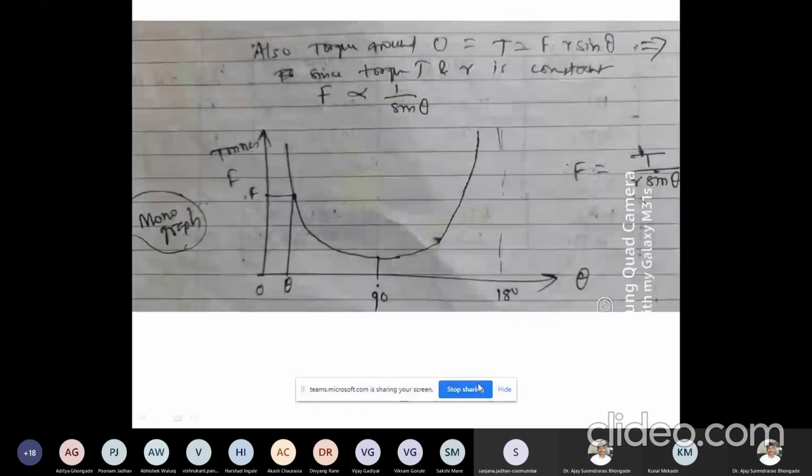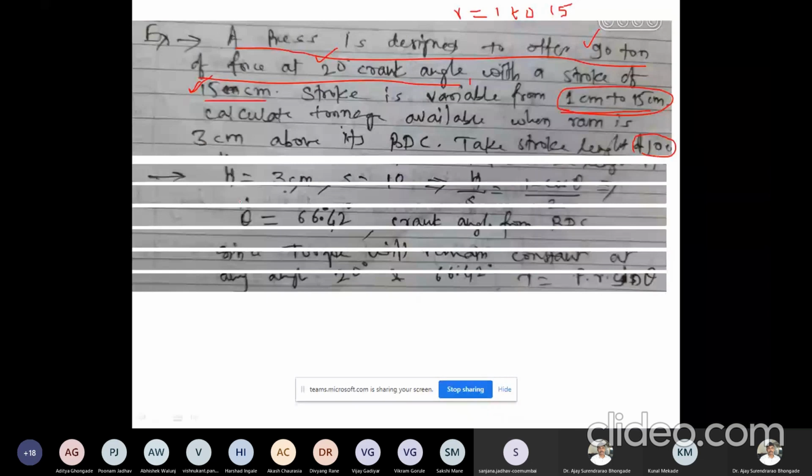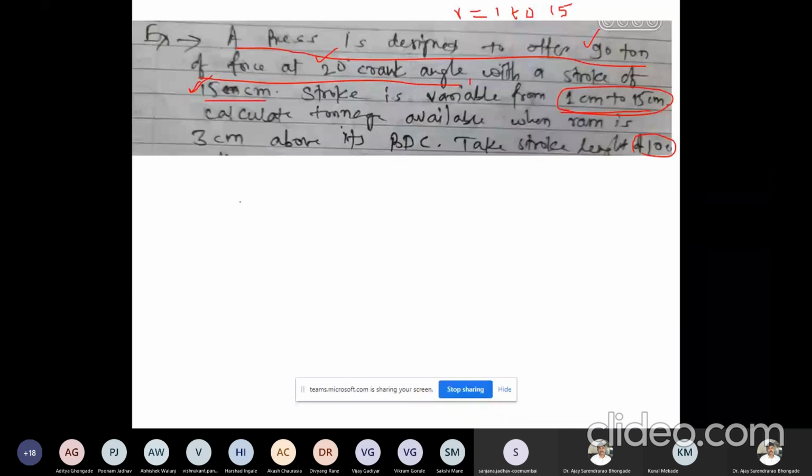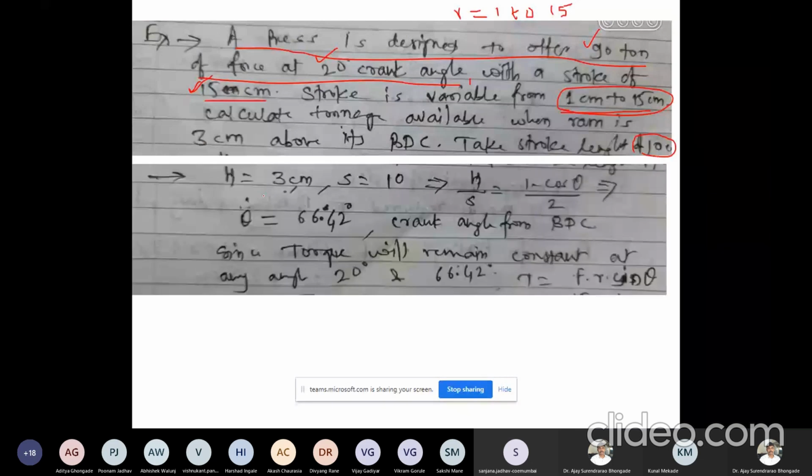Now the data we have is H equal to 3 centimeter, S equal to 10. So H by S, the relation we established, from that data we can find out theta, correct? So for the second position, when S is equal to 10 and H is equal to 3 centimeter, we can work out the value of theta.